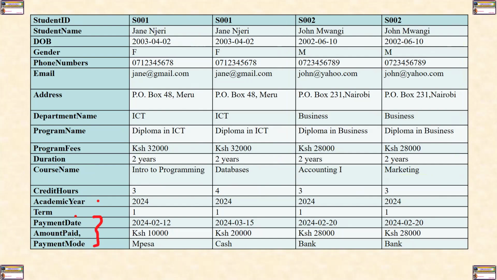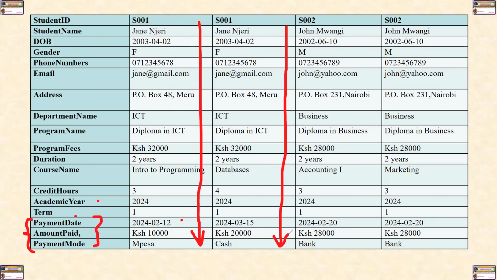But as I've said, we have also split the payment into 3 additional fields. The payment date, separate. The amount paid, separate. And payment mode, separate. And therefore, if you look carefully, the whole of that record and this record belong to the same student.